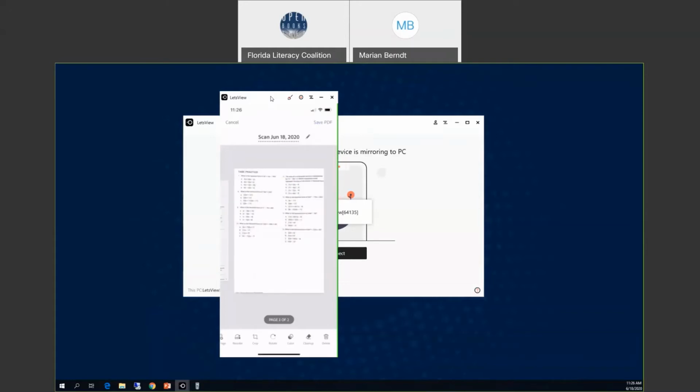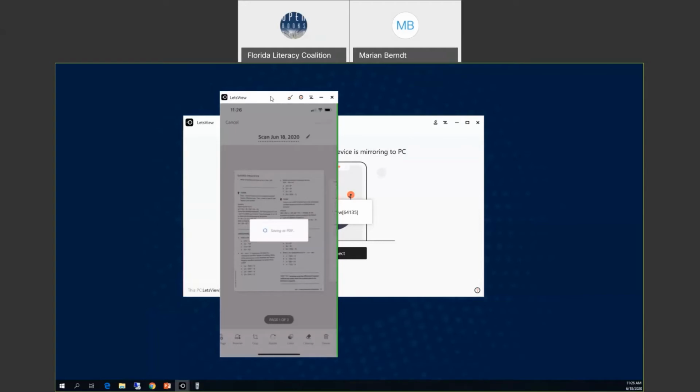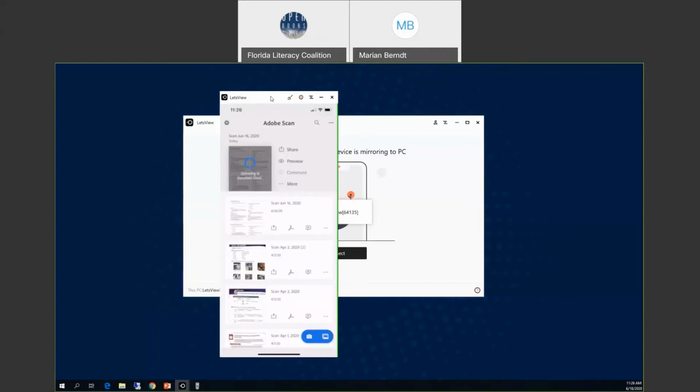I can now email this. I can crop it. I can email it to myself. I can email it to a student. You're going to see in the top right-hand corner, I'm going to click Save PDF. It's going to save it for me. You'll see in the top, it's uploading it, it's processing it.